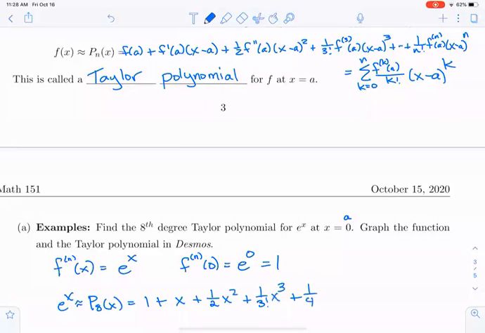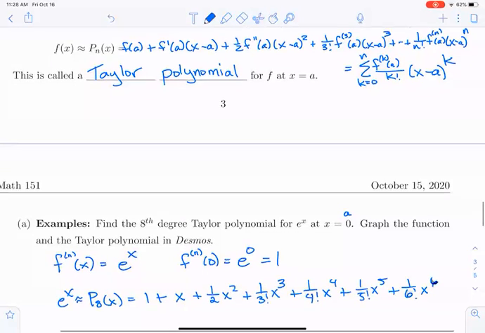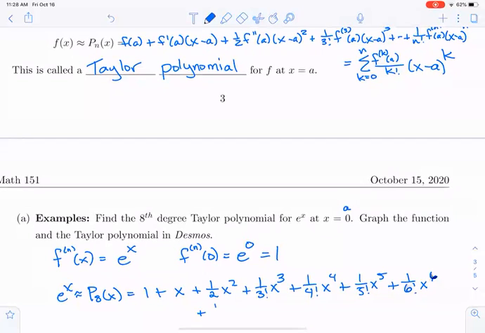You'll start to see a pattern: 1/4 factorial x to the 4th, plus 1/5 factorial x to the 5th, plus 1/6 factorial x to the 6th, plus 1/7 factorial x to the 7th, plus 1/8 factorial x to the 8th.